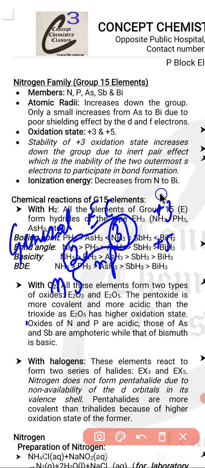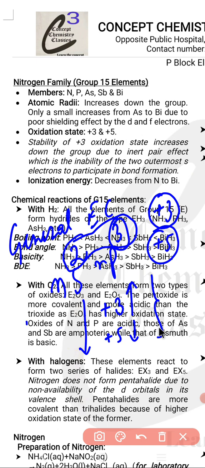Now, the stability of these +3 and +5 oxidation states is very important for the examination. Down the group from nitrogen to bismuth, the stability of +3 oxidation state increases while the stability of +5 oxidation state decreases.